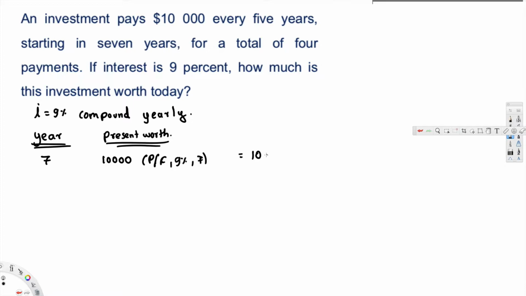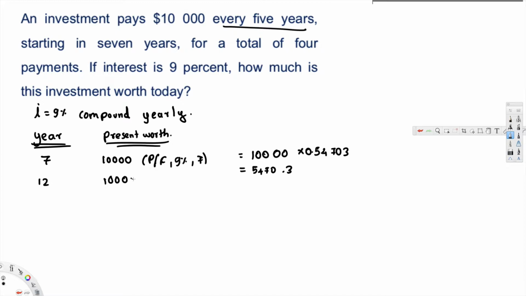Calculating this, it's 10,000 times the value in the table, which is 0.54703, and that's equivalent to 5,470.3.